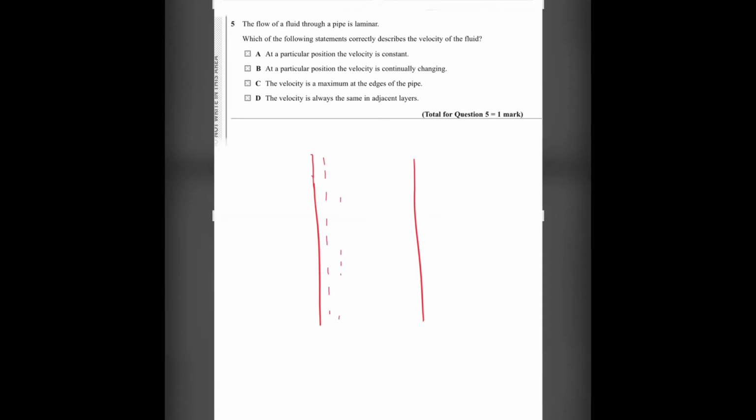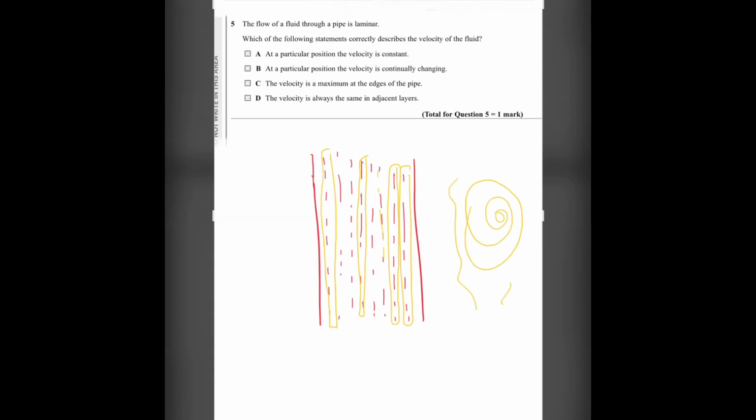These are the layers of water, these individuals are the layers. In a laminar flow, it flows like this with constant layers, and in a turbulent flow it is like this. The flow is always disruptive, there are no adjacent lines.